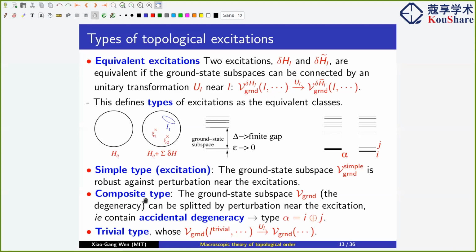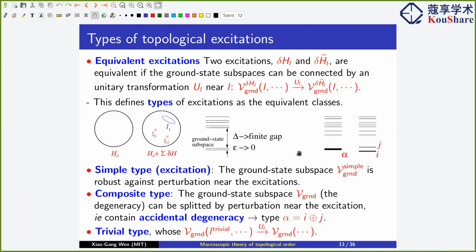But somehow in the physical theory of quasi-particles, we kind of overlook this distinction. So what is the concept? Here we have an excitation, we have a trap, and we have a ground subspace.